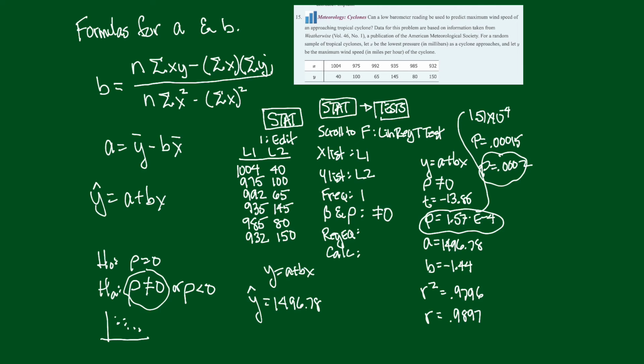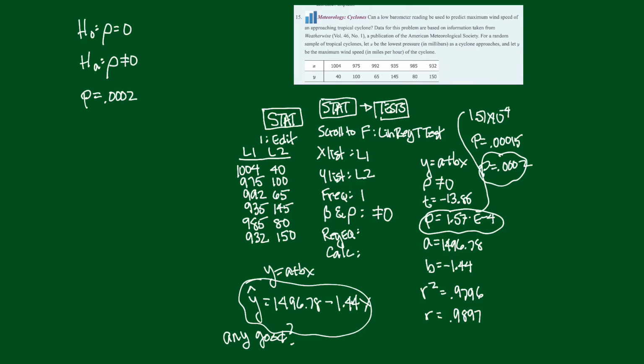Well, B is negative, so negative 1.44x. There's our equation. Here's the question, though. Is it any good? Does it give us a good approximation or not? That's where we're going to use our values of P to determine if we have a correlation or not.